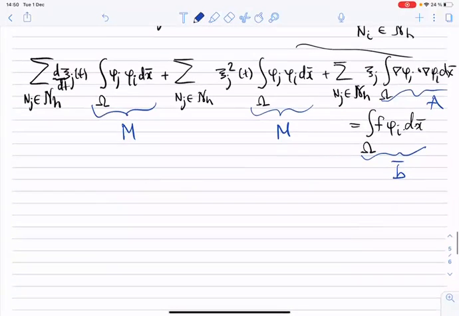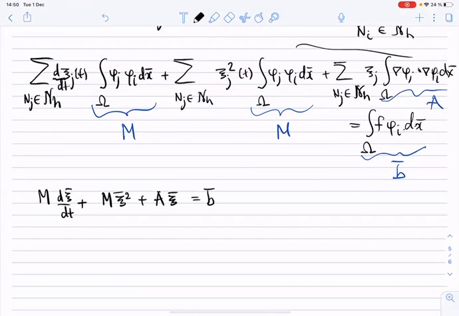And we get the following system of equations. M dxi/dt plus M xi square plus A xi equals b, subject to the initial condition at time 0 is u0. I just put the bar like this.